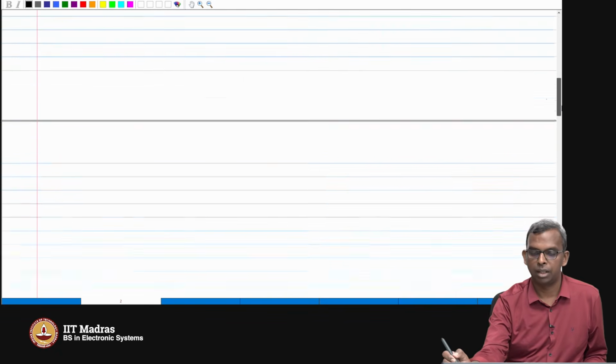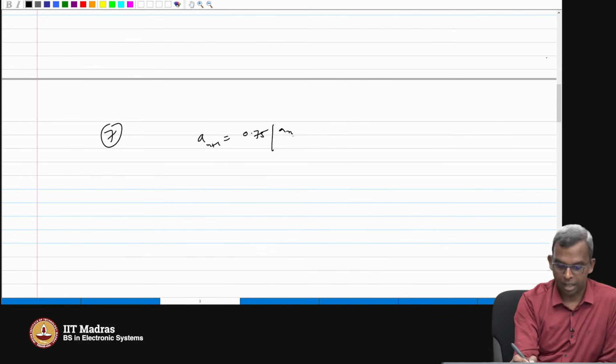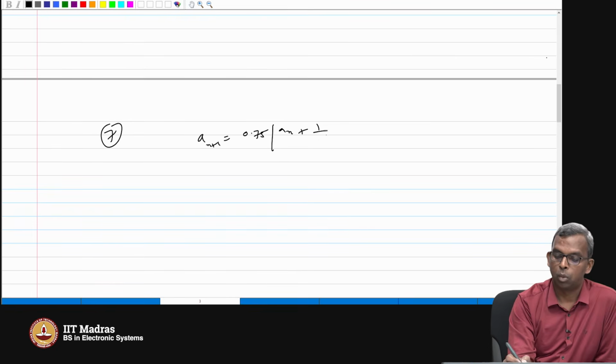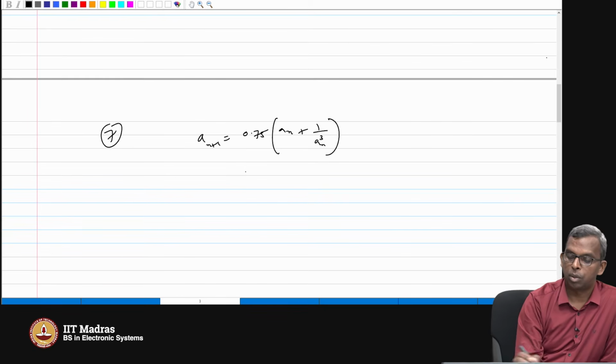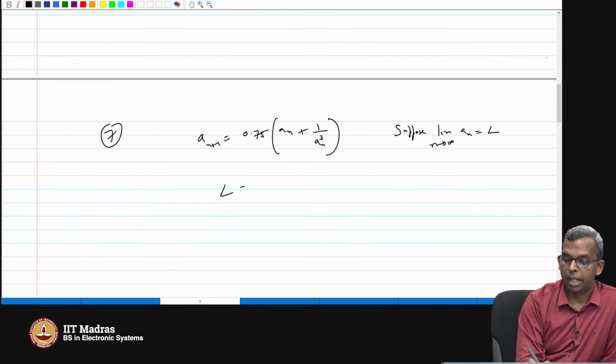What is the recursion here in the 7th problem? The recursion is a_{n+1} is 0.75 times a_n plus 1 by a_n cubed. Okay, so this is the recursion. So supposing the limit were to exist and is finite, I'm going to get L equals 0.75 L plus 1 by L cubed.